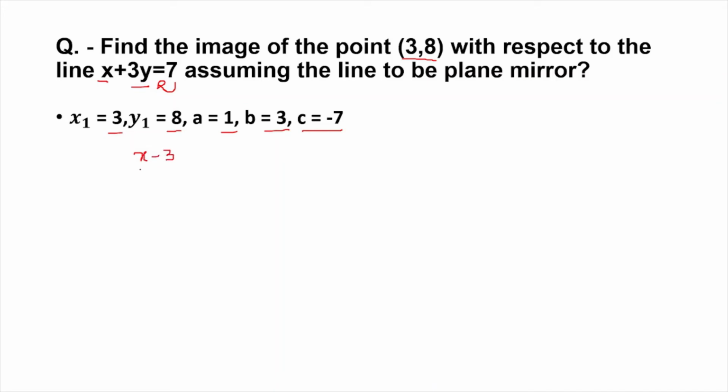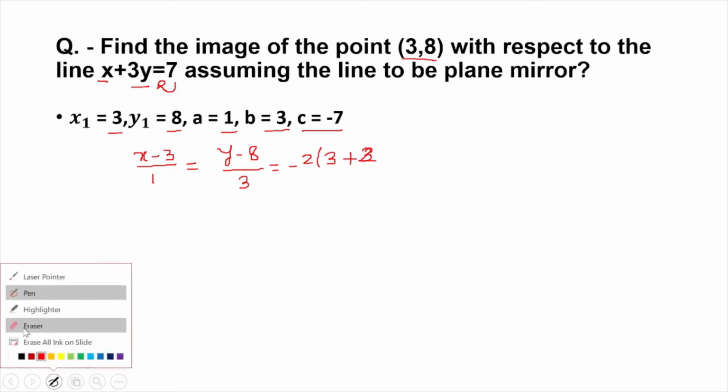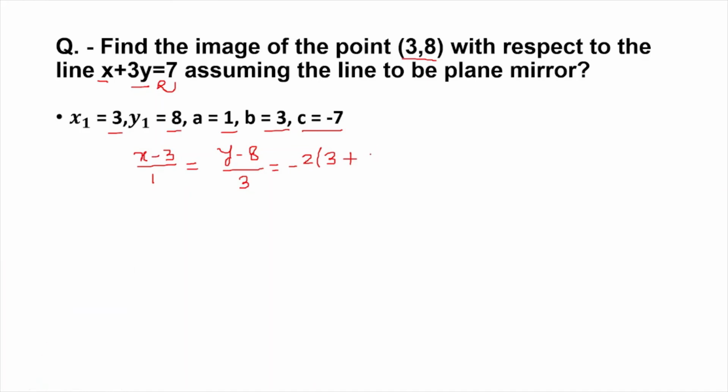(x minus x1) divided by a is equal to (y minus y1) divided by b is equal to minus 2 into (a x1 is 3, plus b y1 is 24, plus c is equal to minus 7) divided by a square plus b square, that is 1 square plus 3 square.